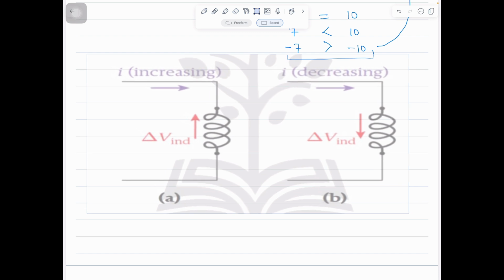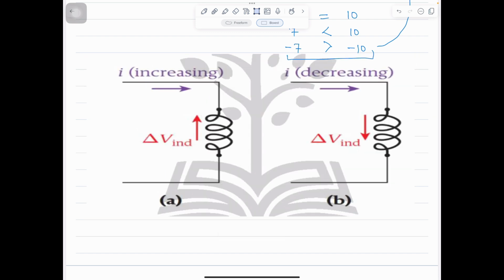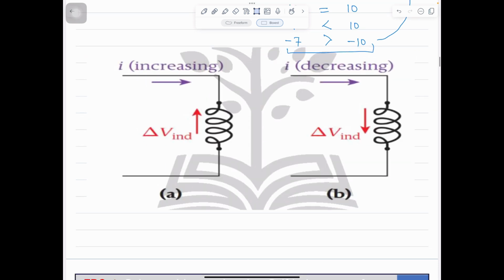On which factor do we need to focus here? I told you whenever the current tries to change, it will oppose. Let's say this is our coil. Current is increasing. We have the formula V induced is equal to negative L di over dt. Yes or no? What is happening here? Current is trying to increase.